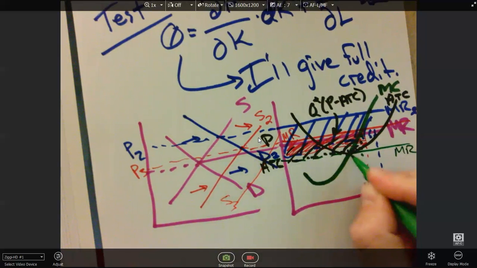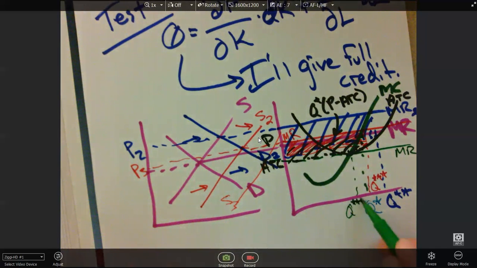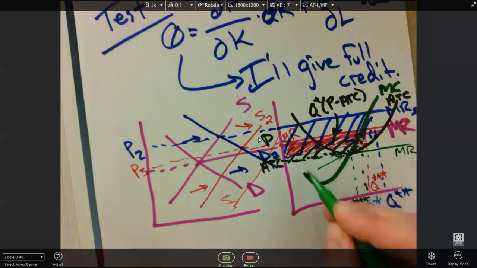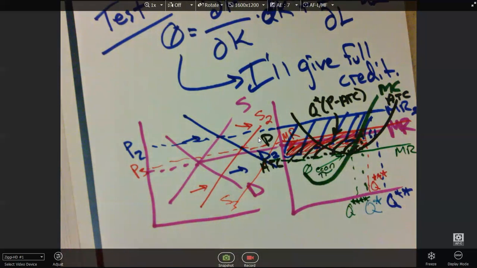Marginal revenue equals marginal cost at the bottom of the ATC curve. There's going to be zero economic profit. And that's where the story ends, so to speak.